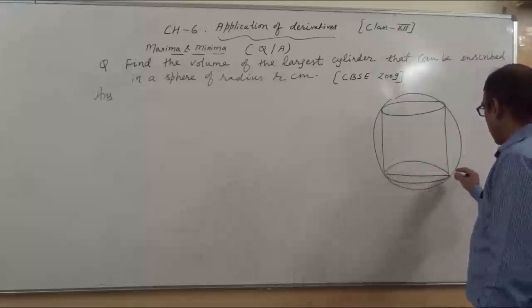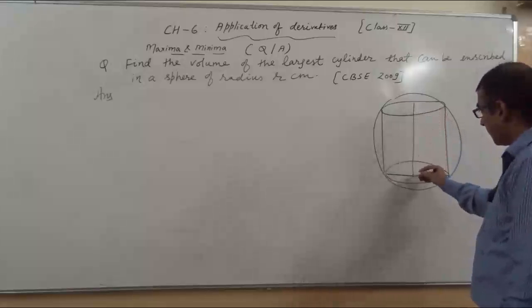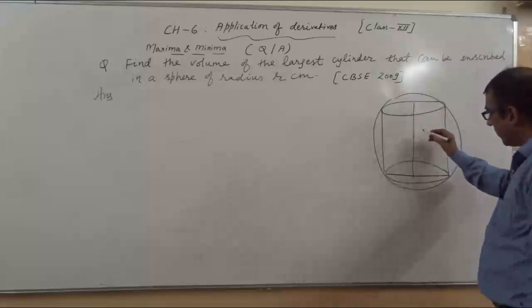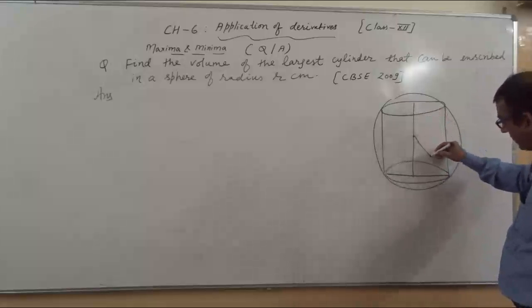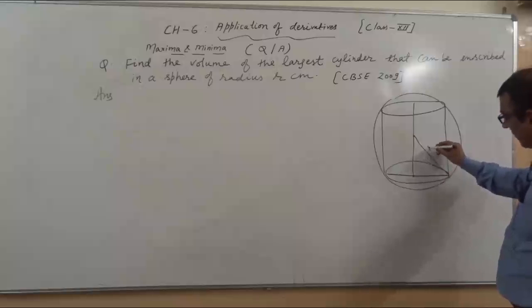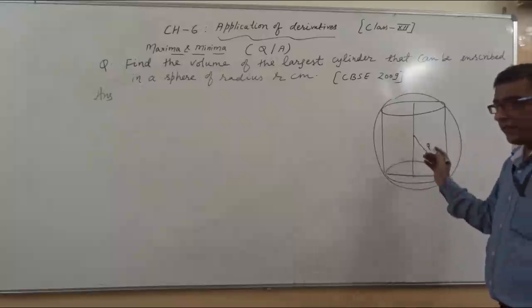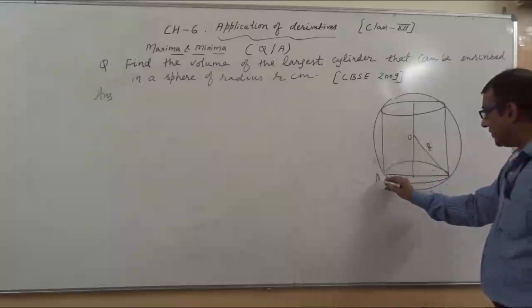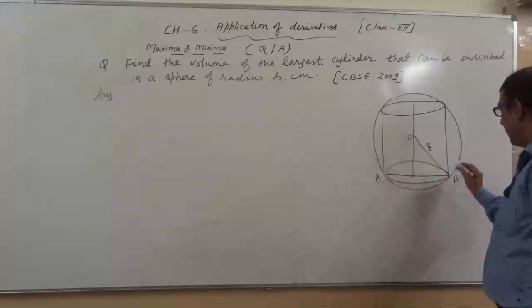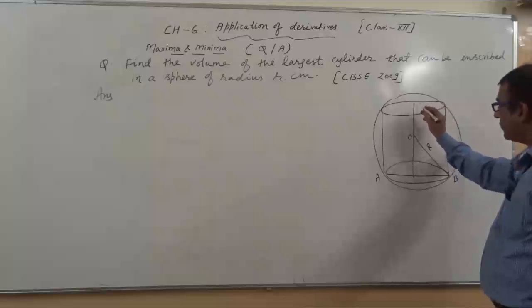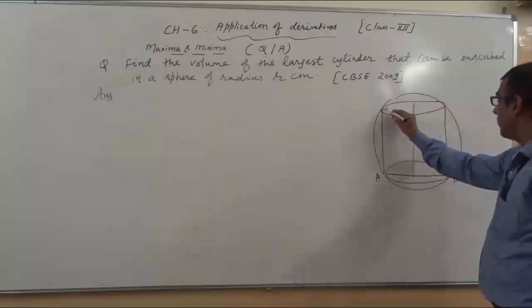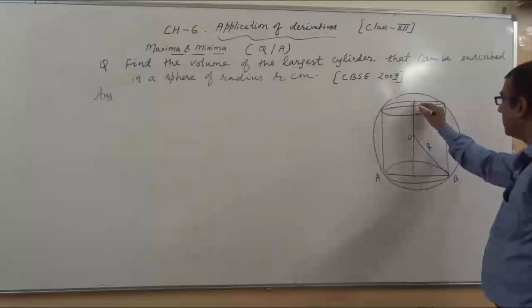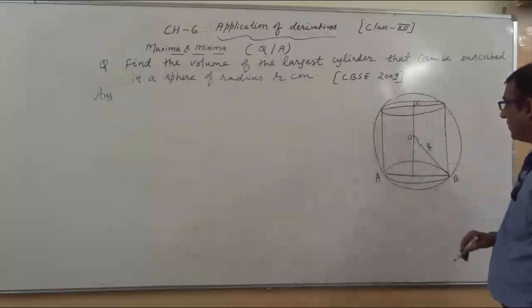So we can say from this point to this point, this is capital R, the radius of the sphere, and we will denote the center here as O. This is A, B, and one more line is there, point C, right?